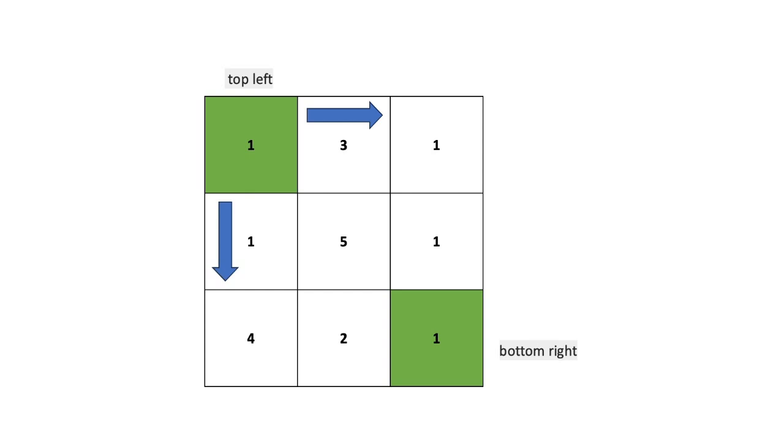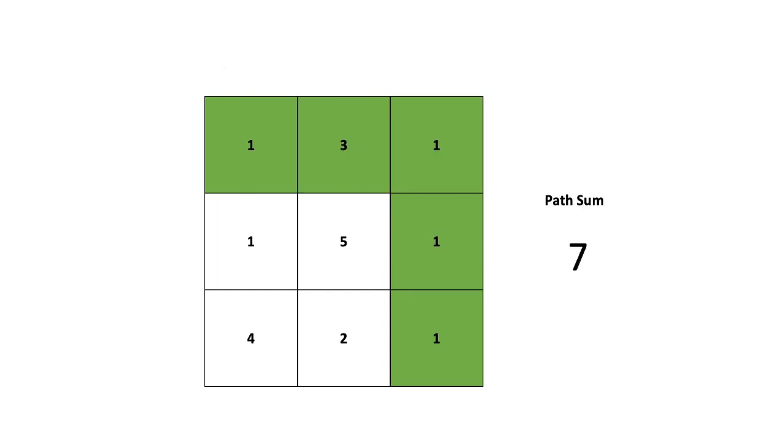We have 6 different possibilities to reach from top left to bottom right. The first possibility is 1, 3, 1, 1, 1, which has the path sum of 7. The next path is 1, 3, 5, 1, 1, which has the path sum of 11.